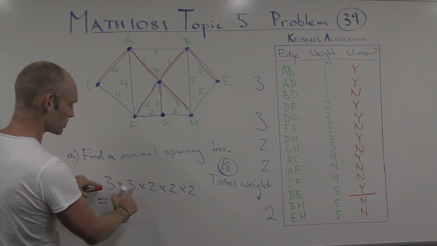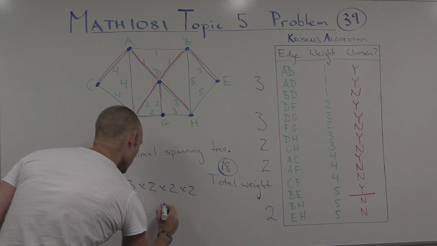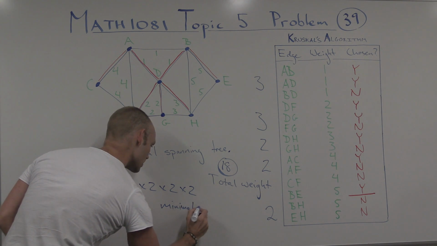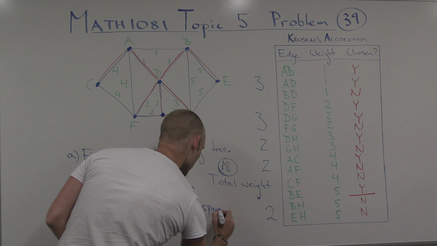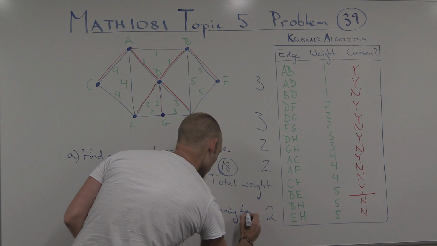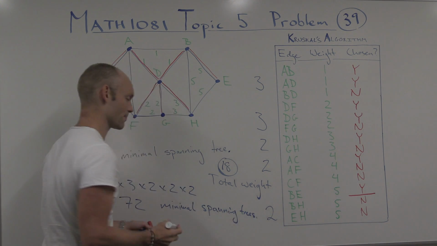And what's this equal to? 9 times 8, which is 72 minimal spanning trees.